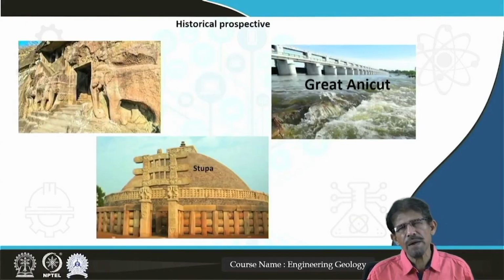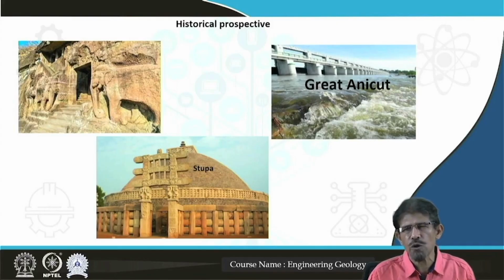Next, we have a number of examples related to rock cut structures. We have good examples in Ajanta, Ellora, Elephanta, cave paintings as well as some statues and others. We have a number of stupas, like the well-developed Sanchi Stupa in central India, particularly located in Madhya Pradesh, and this Sanchi Stupa was made of Vindhyan sandstones collected from the Sonbhadra area.